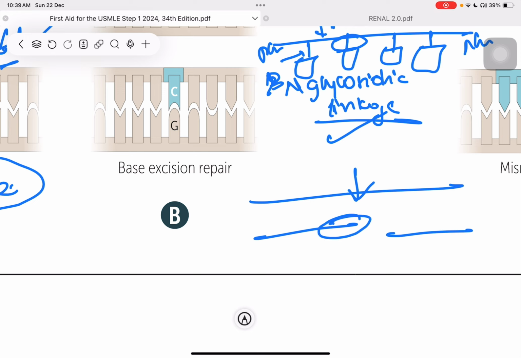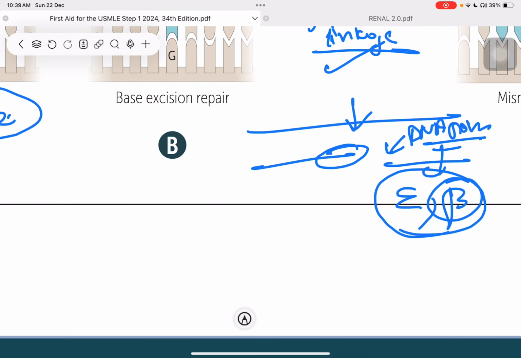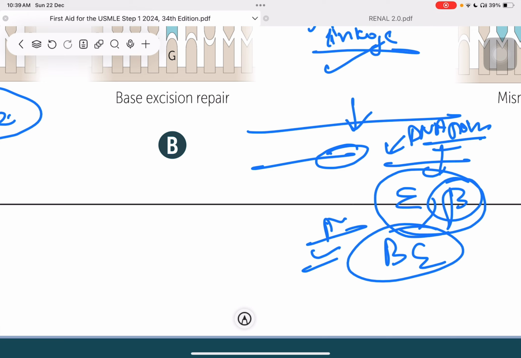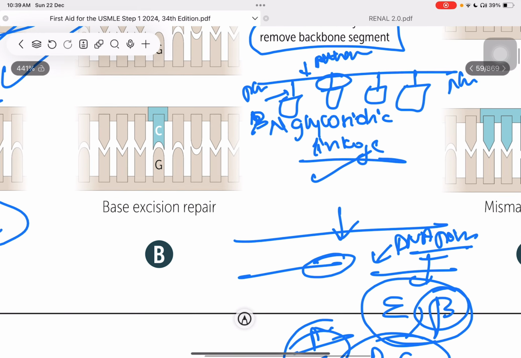And DNA polymerases can act over here. What are these DNA polymerases in eukaryotes? We know epsilon and beta. Remember this beta, which is for proofreading and for repair. Once this beta and epsilon start to act over here, they'll remove a segment of DNA.